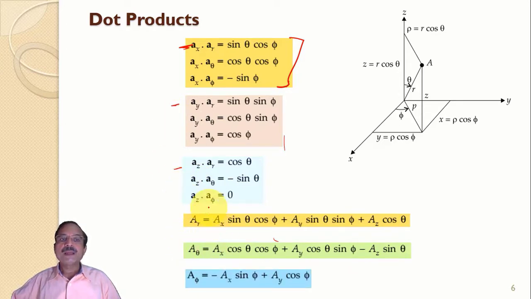And finally, A phi: AX dot A phi is minus sin phi, so it is minus AX sin phi. Then AY dot A phi is cos phi, so here it is AY cos phi. And the last term is 0. So this finds AR, A theta, A phi in terms of the Cartesian components AX, AY and AZ.